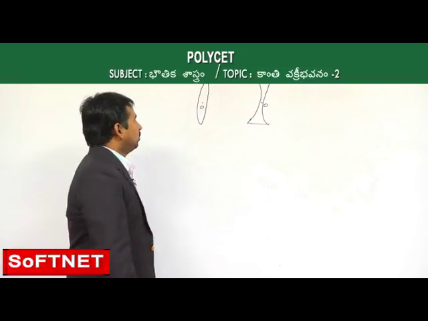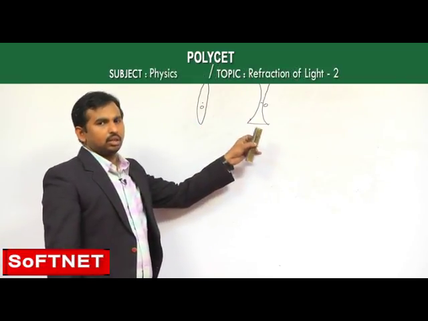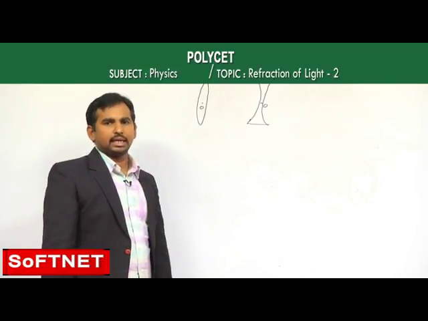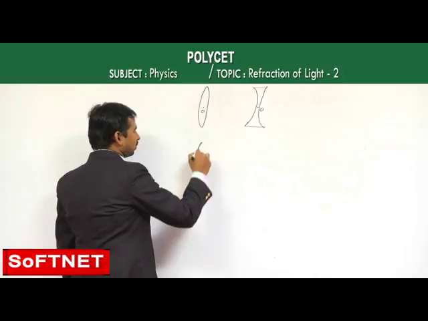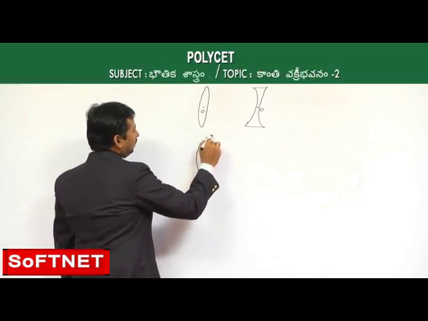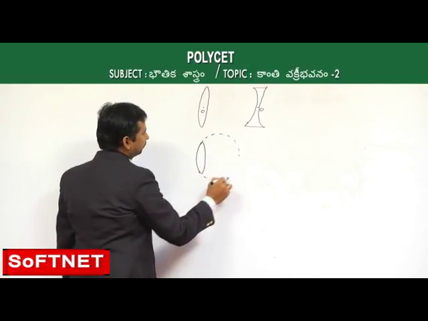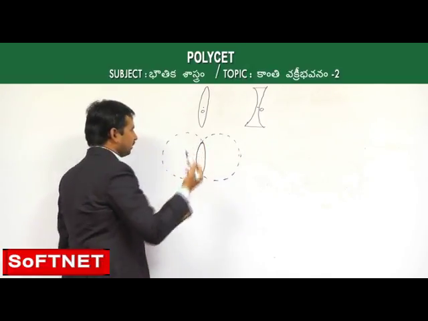Now next, both these lenses are parts of a glass sphere. For example, a double convex lens is taken from a sphere, and this concave one also is taken from a sphere, like this.